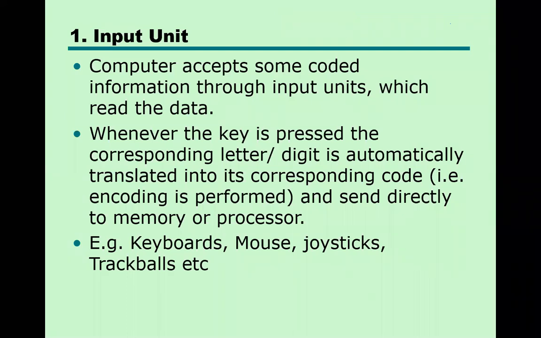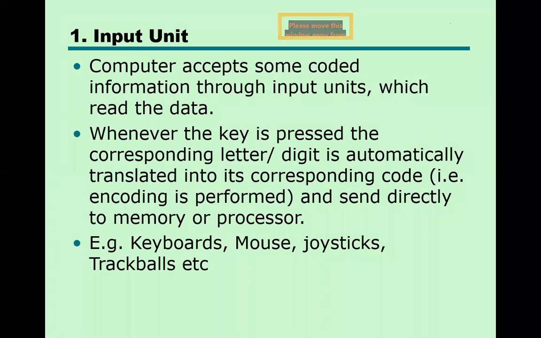Why is it coded information? If you are pressing a B or a 5, how is it coded information? Because as we discussed earlier, the computer can understand only 0 and 1. So all your data is converted into an ASCII number, and the computer stores this information in the form of binary.